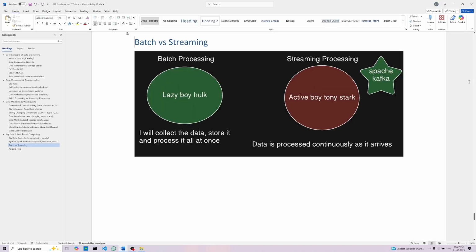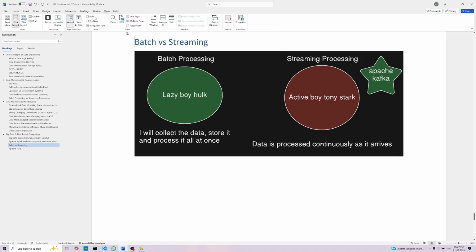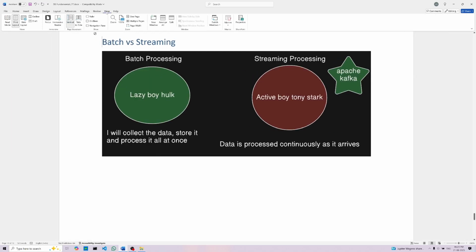The next one is batch processing versus streaming processing. Let me close this navigation. So what is batch processing and what is streaming processing? No need to learn any definition, just check out this diagram. Let's take an example of two boys.